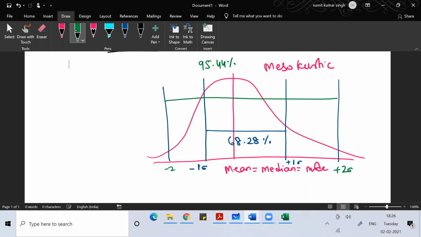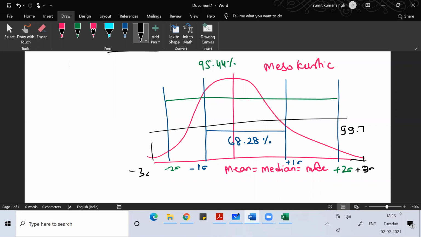Under the standard normal distribution curve, 99.73% of data will lie within plus minus 3 standard deviations.